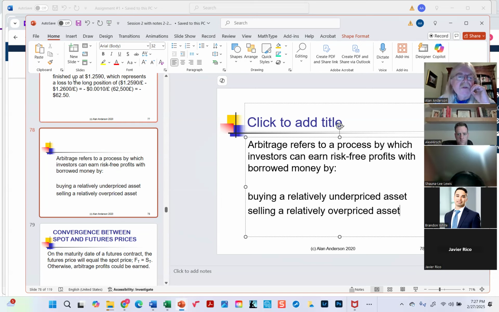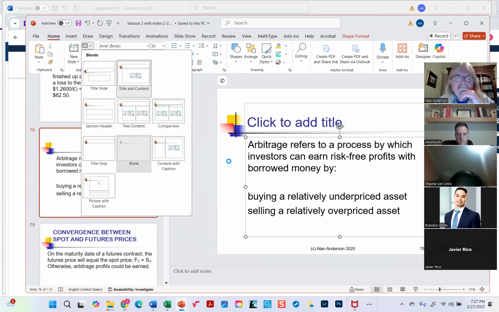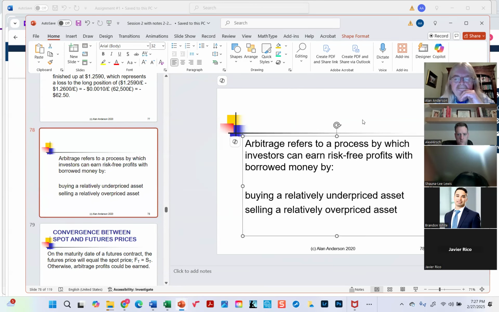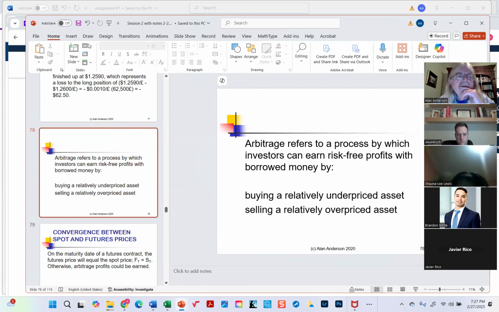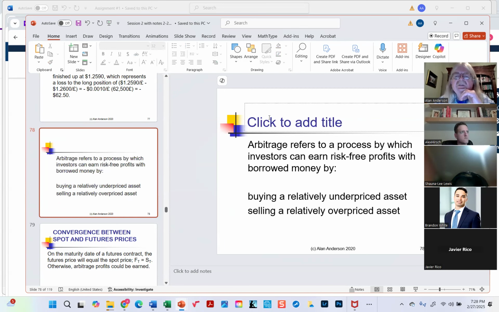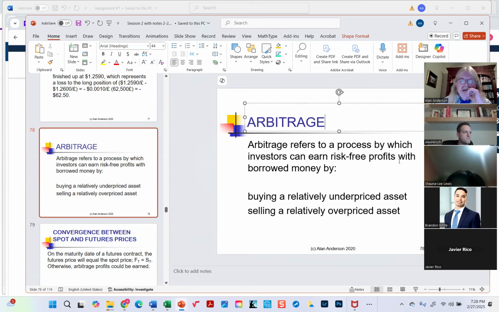So let me give you a quick example of this. So yeah, a lot of the logic behind what we see in the derivatives markets is based on this notion of arbitrage. So it's an awfully important concept. You don't see this in most markets. This is the one where it becomes extremely important.